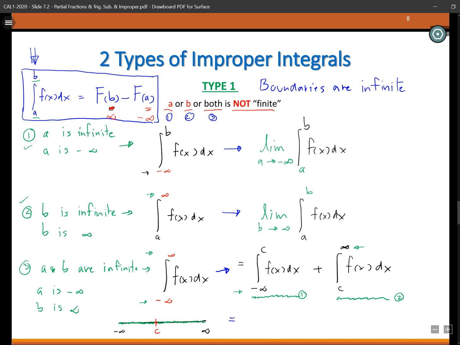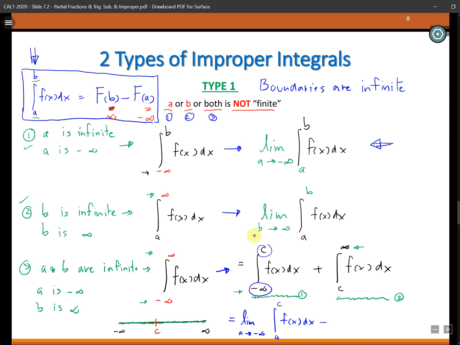I'm going to apply this work down here. Instead of having minus infinity in the integral, I'm going to use a limit instead. Limit of a goes to minus infinity, and I have a to be fx dx. Sorry, one mistake. In this case, not d, it has to be c.